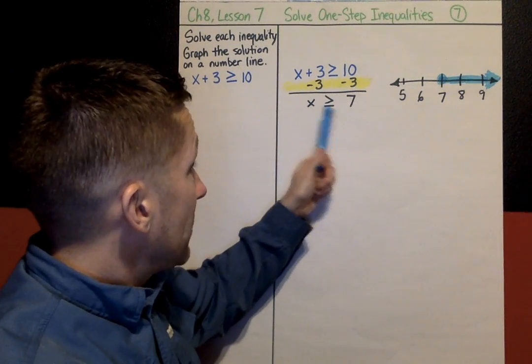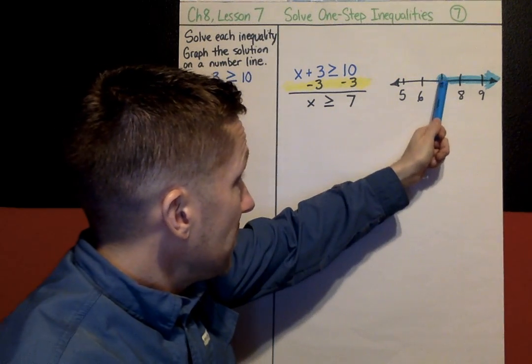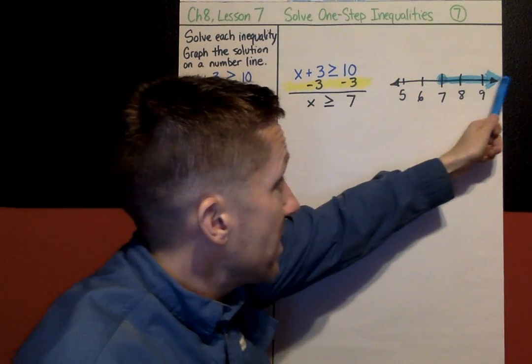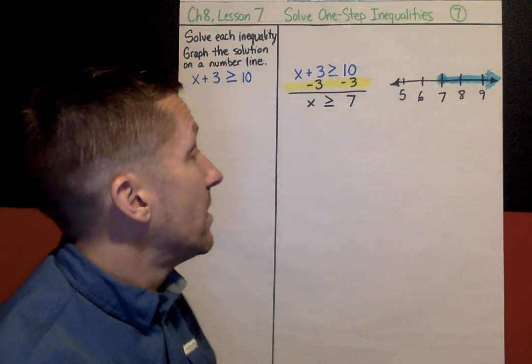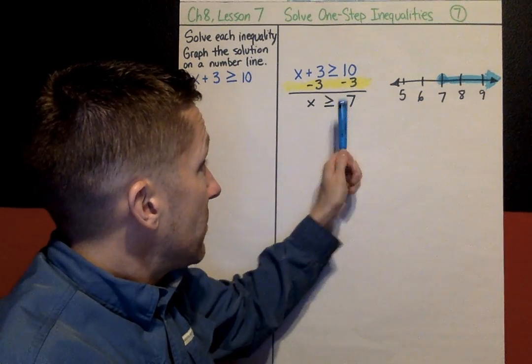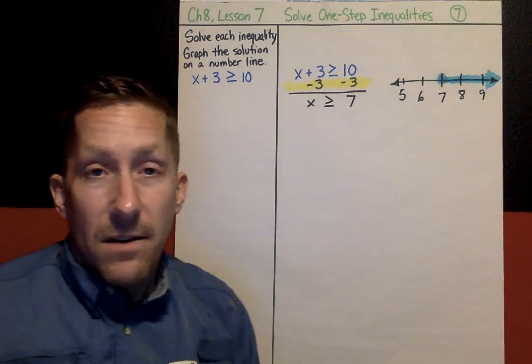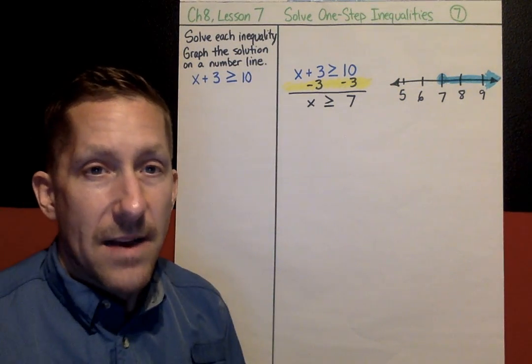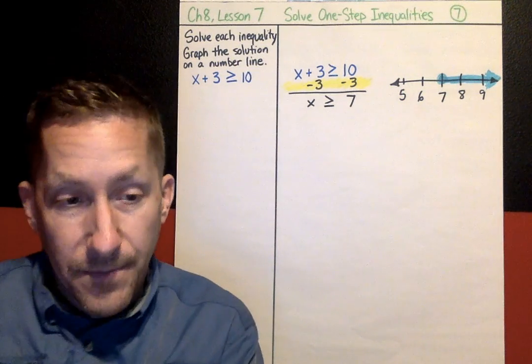The answers are greater than or equal to 7, including 7, and everything greater gets highlighted. My answers just keep on going that way forever, but I do want to include 7, so I used a closed dot. It was not open. All right, let's look at another one.